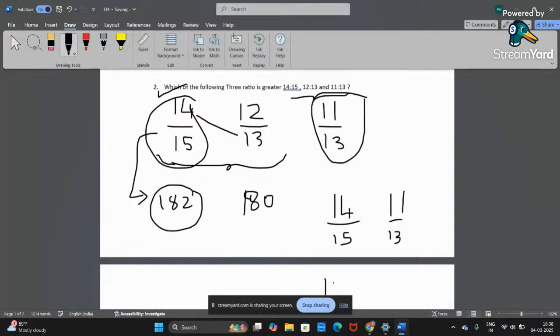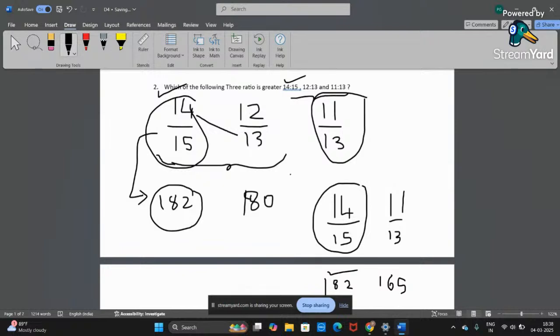It is 182, right? Again, 11 into 15, we cross multiply, that's all. 11 into 15, we are getting 165. Between these, this one is greater. That means between these three ratios, 14 is to 15 is the greater one.